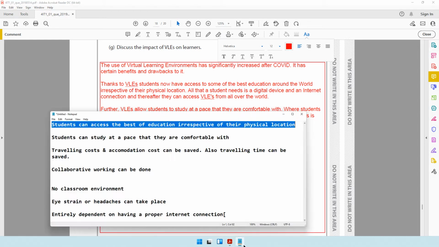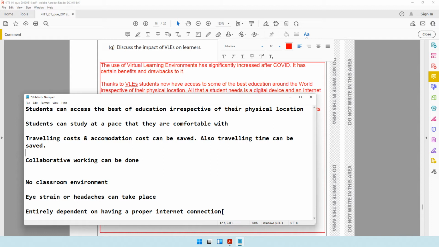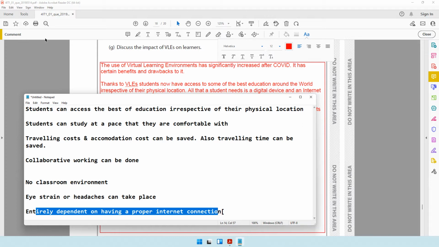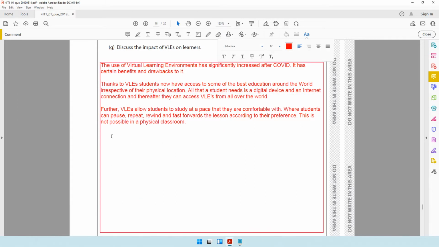Okay, I think now it would be a good time for us to move into something that is negative. Let's talk about the fact that it is entirely dependent on having a proper internet connection. However, a basic requirement to access a VLE is an internet connection with a good bandwidth.